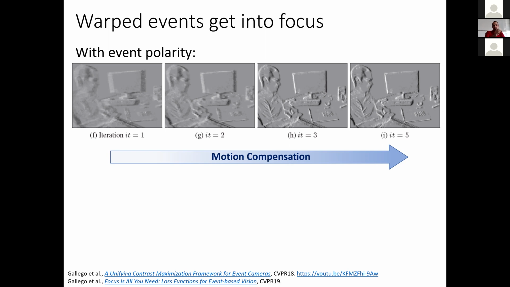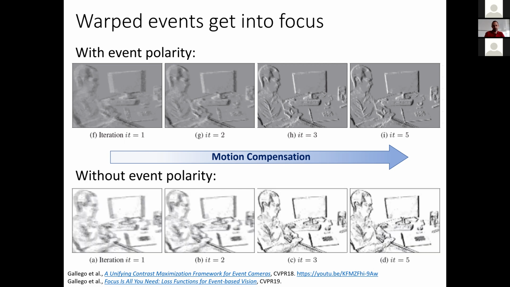Now the thing is that instead of counting how many events happen at each pixel, like it would be here, what we are trying to do is count them in different directions, so as to bring this thick edge, as you would say, into a single pixel. That would be when you have estimated the motion parameters that best match the trajectory of the edge that was causing the events.